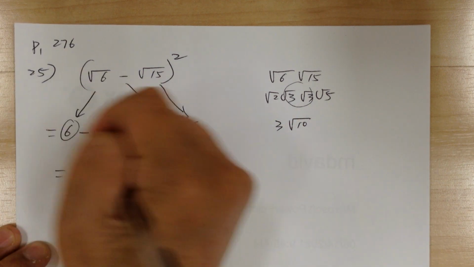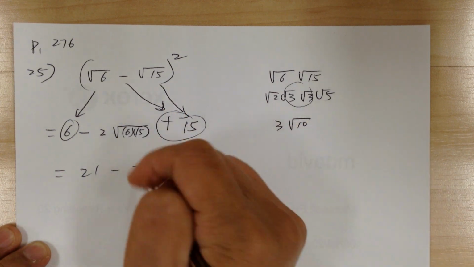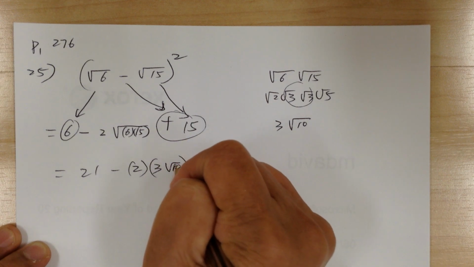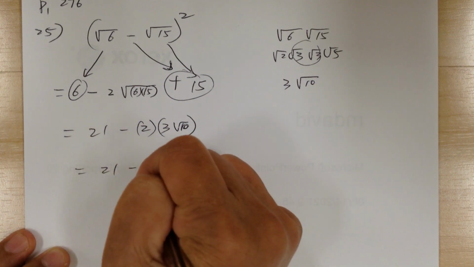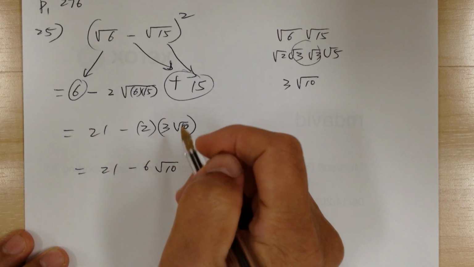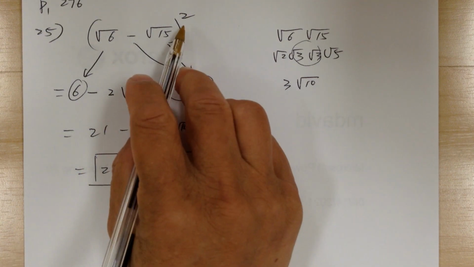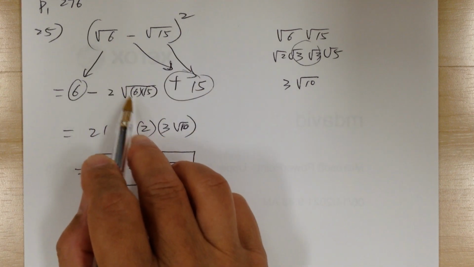So combine this together: it would be 21 minus 2 times 3 square root of 10, so equal to 21 minus 6 square root of 10. So again, when you perfect square, you square every part, then multiply all together to get the middle term.